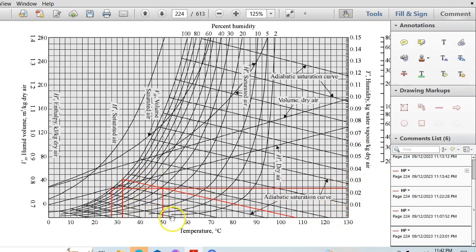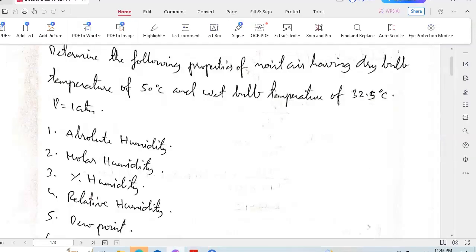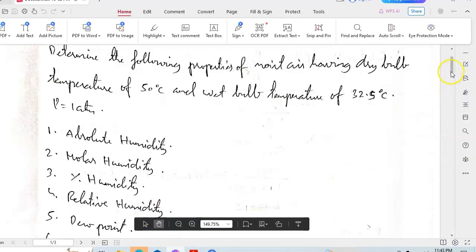For the dry bulb temperature, make a line from 50 degrees Celsius, then draw a vertical line that meets the dew point temperature line, the absolute humidity line. That point is the point of interest. So from two parameters we can calculate all other parameters.